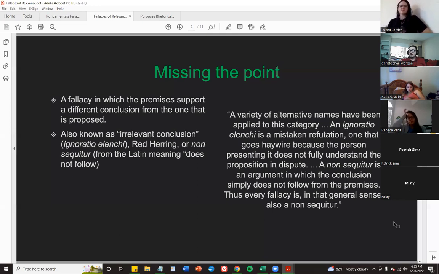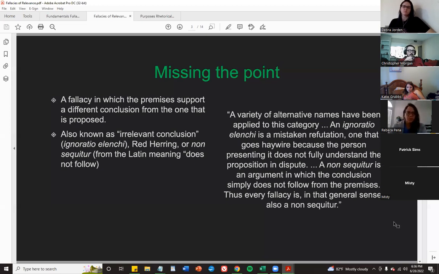Whenever you're watching a police procedural, the first suspect is never the one that it always is, right? That's the red herring suspect, right? And that's the upshot of the red herring. Circumstantial evidence might point you in this direction, but the premises don't support the conclusion, right?